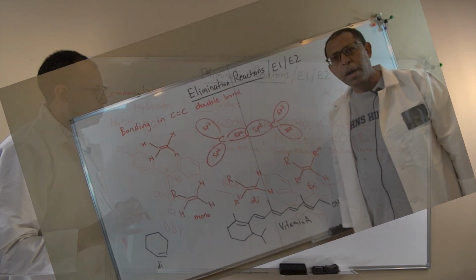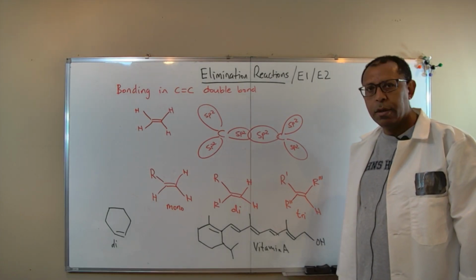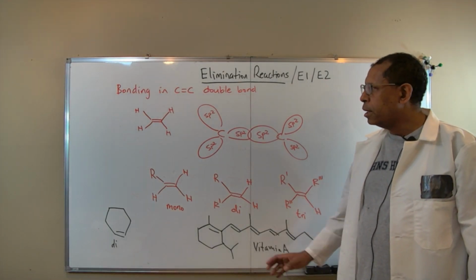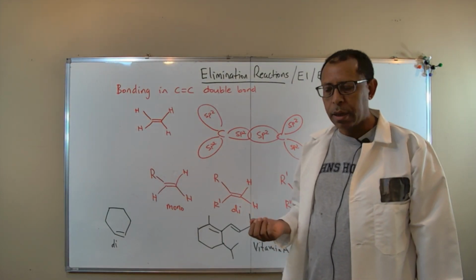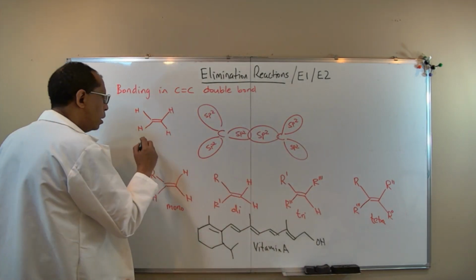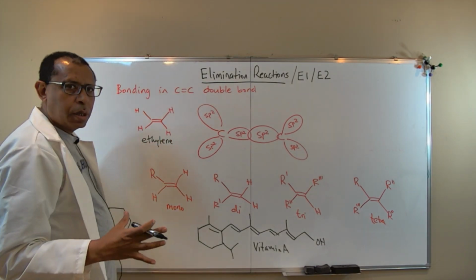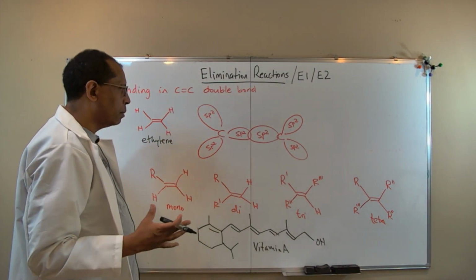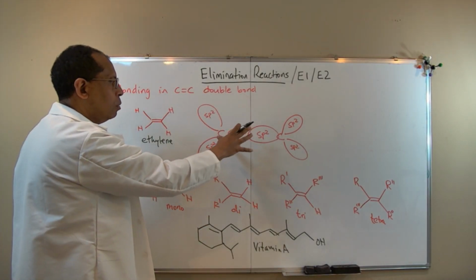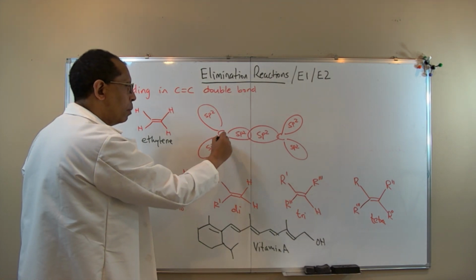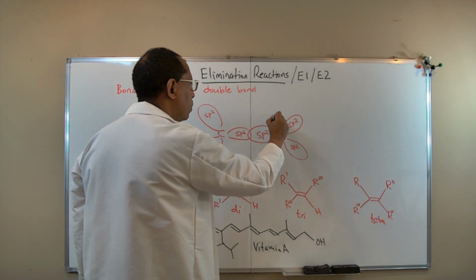Let's see some of the bonding that an elimination reaction forms. That's an alkene or a carbon-carbon double bond. So the smallest carbon-carbon double bond that you find in chemical compounds is in ethene or ethylene. And if you just look at the hybridization for carbon-carbon double bond, the hybridization is made of sp2 carbons. These are sp2 hybridized carbons. They have 3 lobes at 120 degrees.